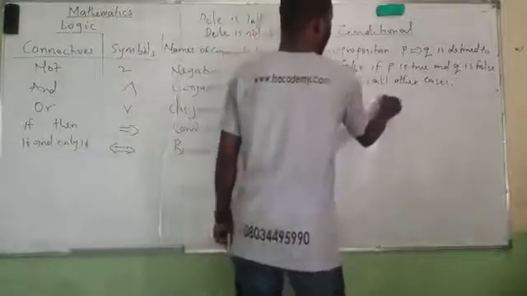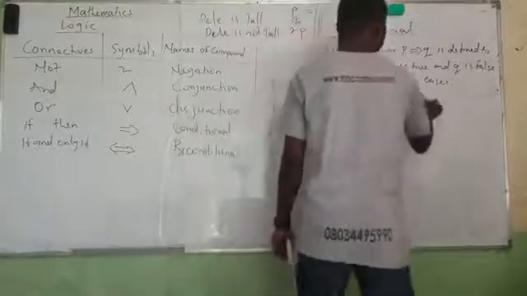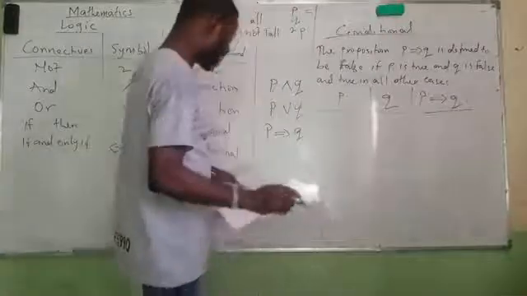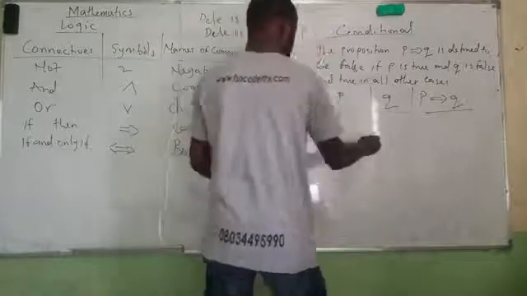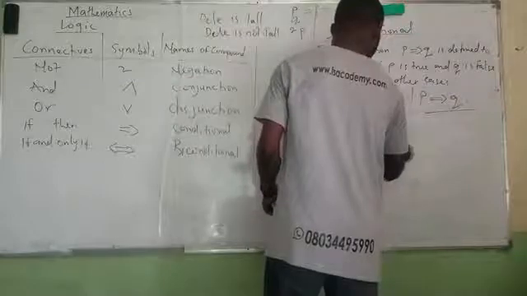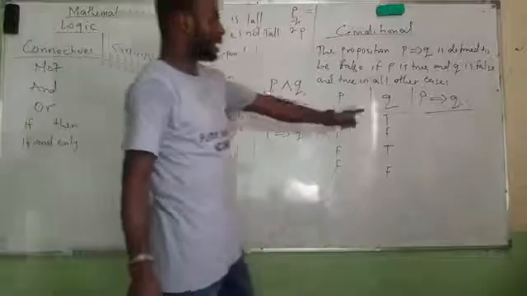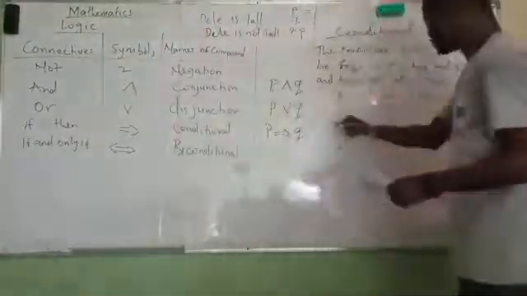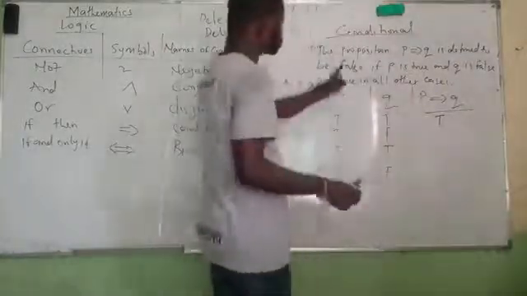Now look at this. I have P, I have Q. Now this is going to be P implies Q. Take note of this very well. Now if I have two rows: true, false and true, true, false. Now P implies Q. Look at this. True, true is true. True, false.